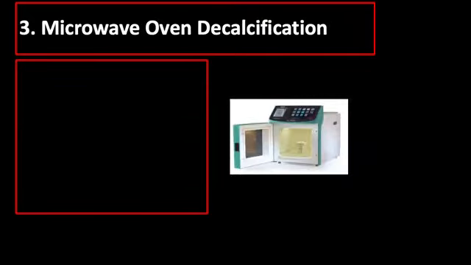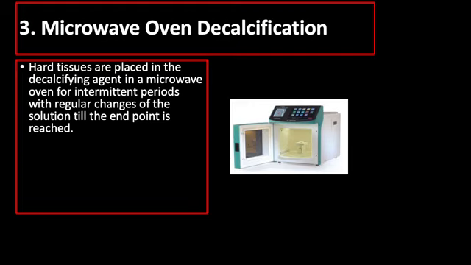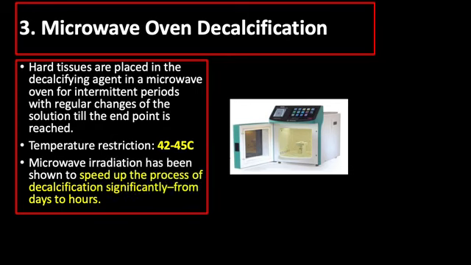And lastly, microwave oven decalcification, where hard tissues are placed in the decalcifying agent in a microwave oven for intermittent periods with regular changes of the solution until the end point is reached. The temperature restriction is between 42 to 45 degrees Celsius for best results, and microwave irradiation has been shown to speed up the process of decalcification significantly from days to just hours.